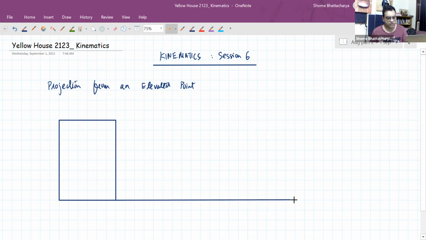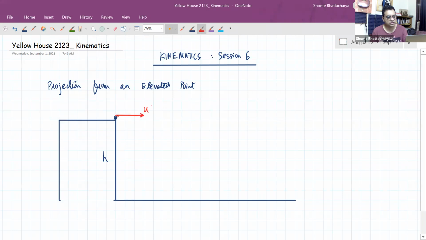So this is the ground level below, and we project something from a height h above. If we project it horizontally, then we saw that it lands at a certain distance below.